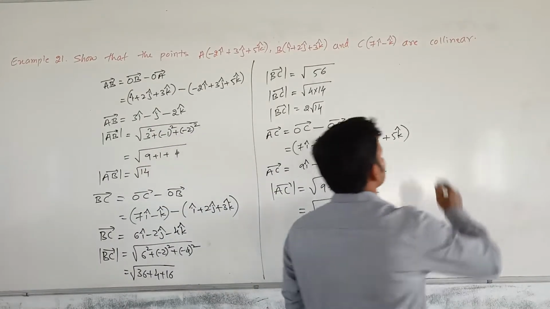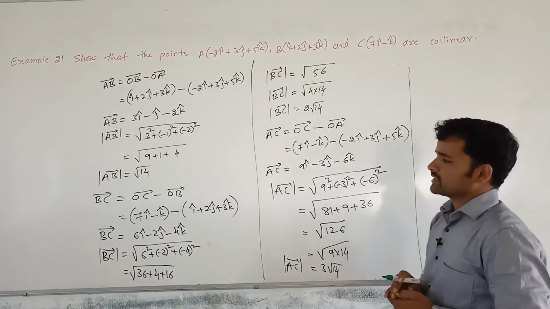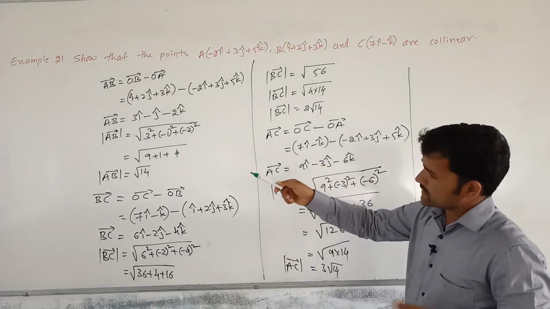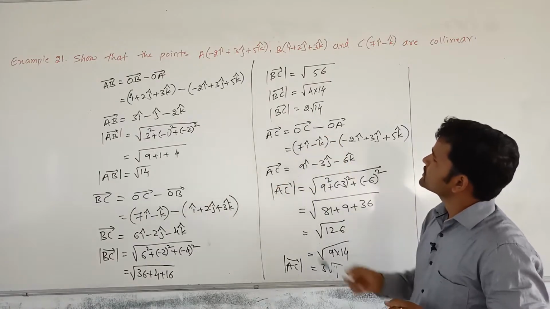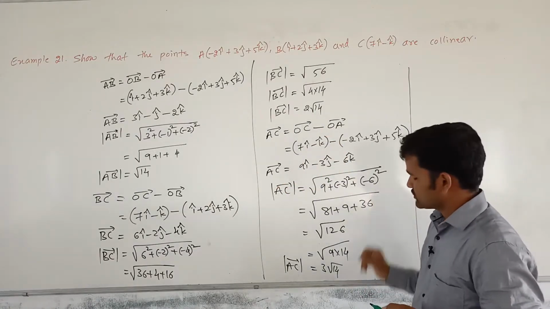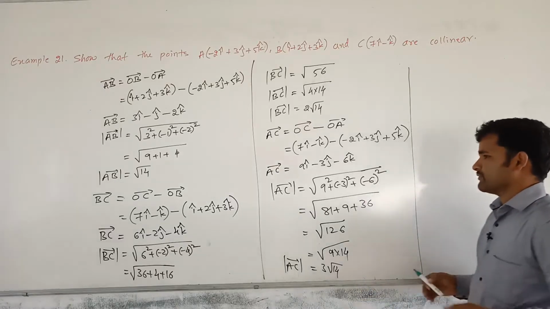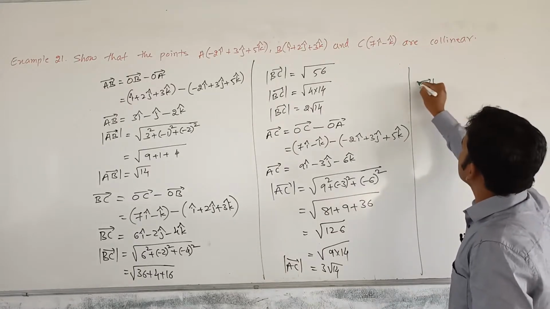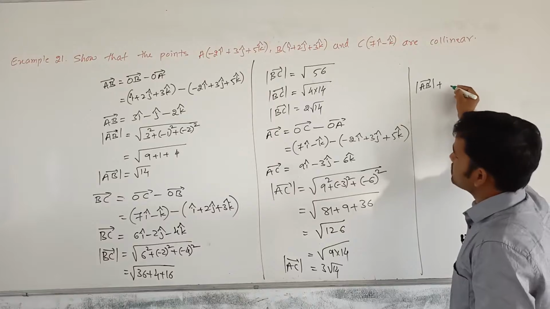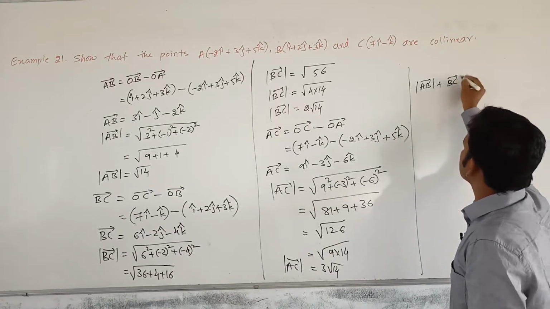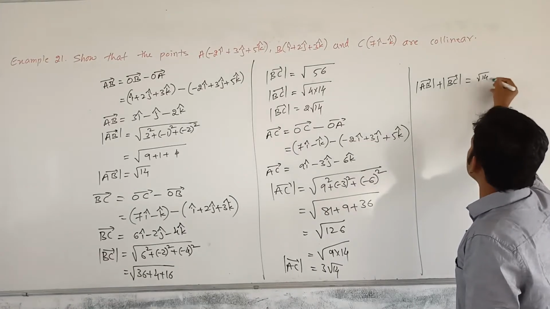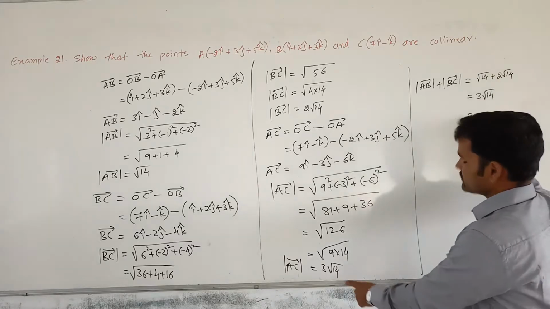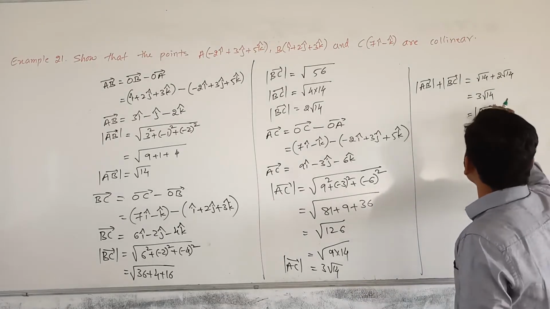Now check the sum of two lengths. Are you getting the third length? The length of vector AB is root 14 and the length of vector BC is 2 times square root of 14. The sum of these two gives the third length AC. Length AB plus length BC is square root of 14 plus 2 times square root of 14, which equals 3 times square root of 14, and that is the length AC.